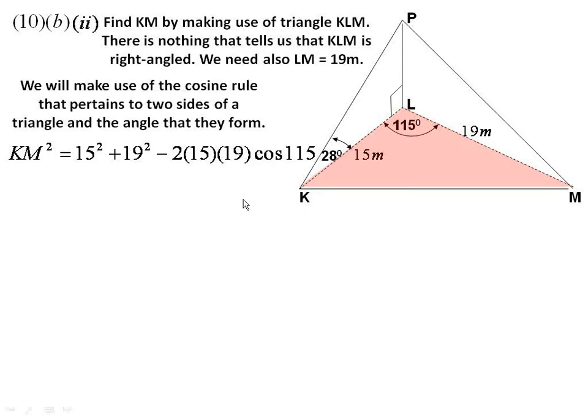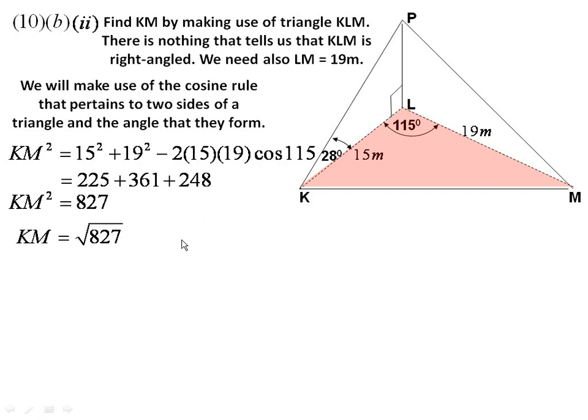Therefore, we will have a negative value here to multiply by a negative value here, which will be positive. So we will have all positive terms here. After finding that sum, we know that KM will be the square root of 827, and that is equal to about 29 meters.